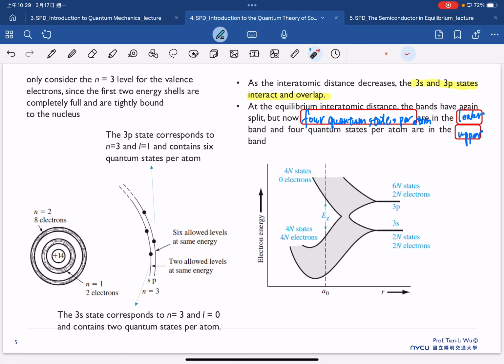Only the electrons stay in the bottom, because electrons prefer to stay in the low energy position. That's the case where the atoms get close to each other and reach the equilibrium distance.